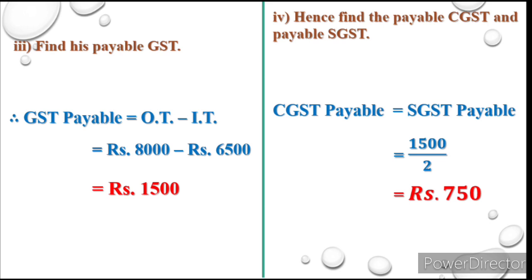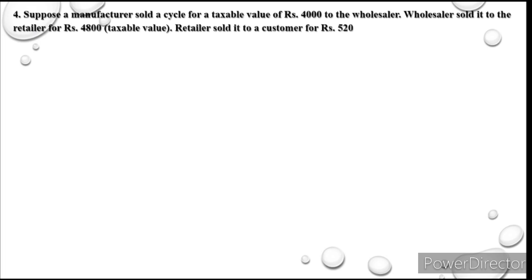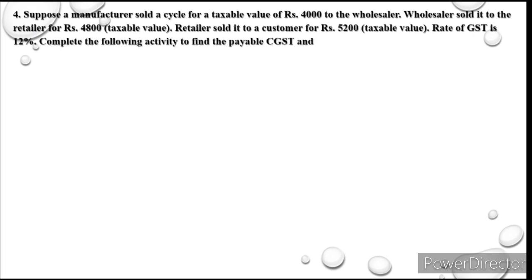Let us move to the next question, which is on the next page, an activity of trading chain. Suppose a manufacturer sold a bicycle for a taxable value of 4,000 to a wholesaler. Wholesaler sold it to the retailer for 4,800 and retailer sold to a customer for 5,200.